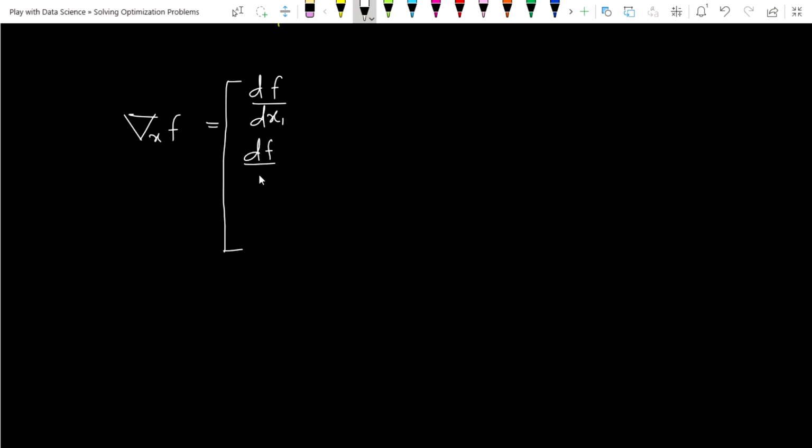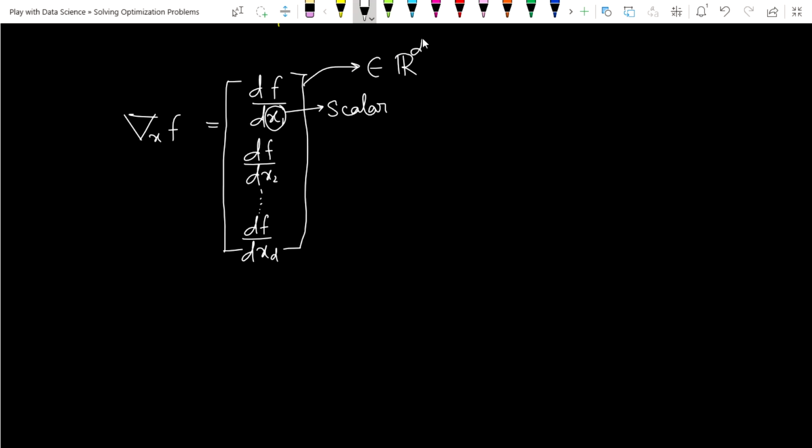Similarly del f by del x2, up to del f by del xd. Here all the xi are scalars, and this total differentiation also belongs to R^d.